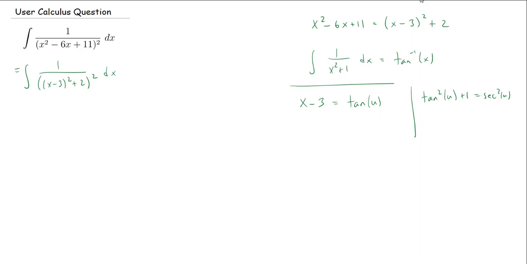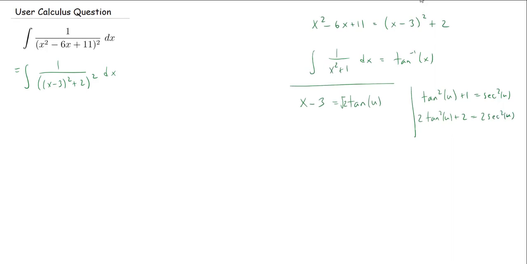So the way I'm going to handle that is by putting a square root of 2 there. So when I square x minus 3, then here I would get 2 tangent squared plus 2. Well, 2 tangent squared plus 2, that's just twice what I have above. That would be twice secant squared.